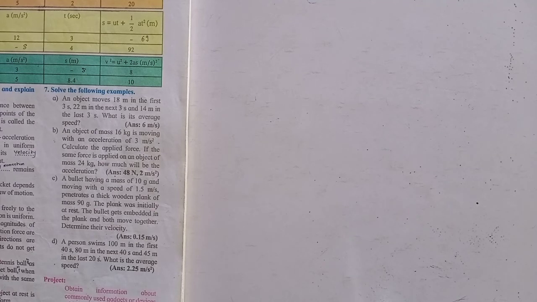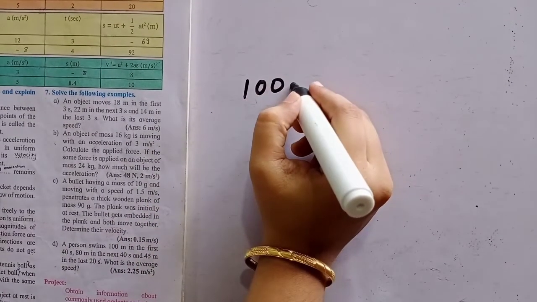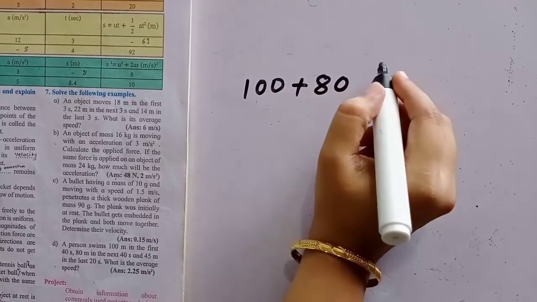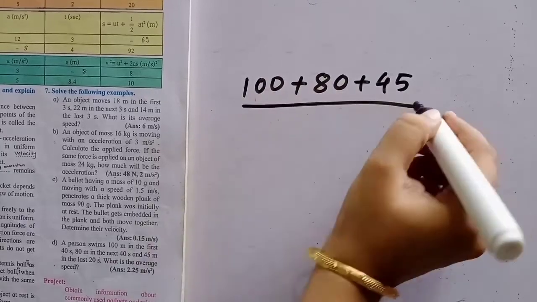So a person swims 100 meter in the first 40 seconds. So the first displacement is 100 meter, the second displacement is 80 meter and the third displacement is 45 meter. So add this. I am not going to solve it fully. You have to solve it on your own. So 100 plus 80 plus 45 meter, these are the displacements.